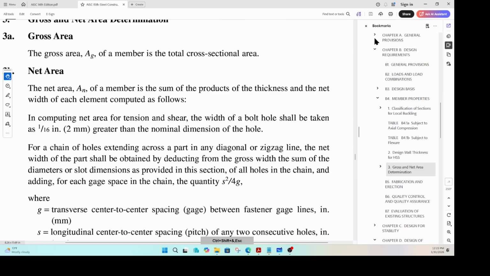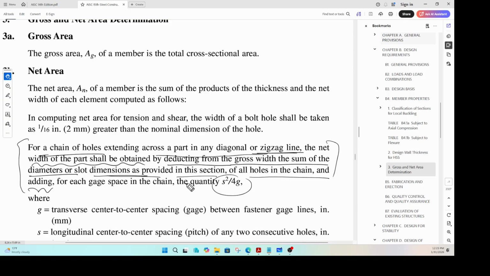Now this is the section we talked about. For a chain of holes extending across a part in any diagonal or zigzag line, the net width of the part shall be computed by deducting from the gross width the sum of diameters or slots of all holes in the chain, and adding, right? So you're deducting something and you're adding something. What are you adding?